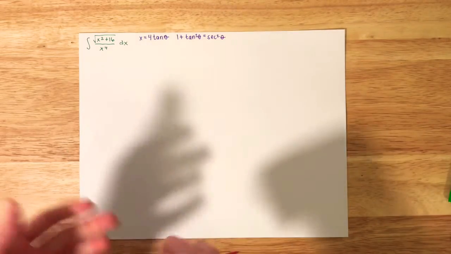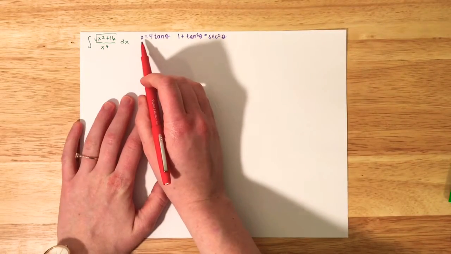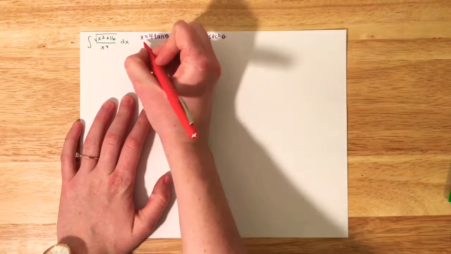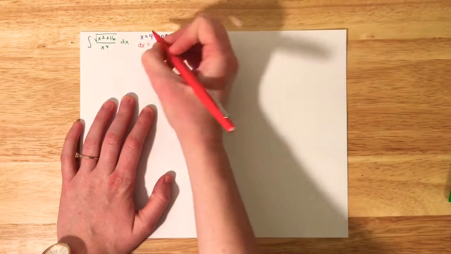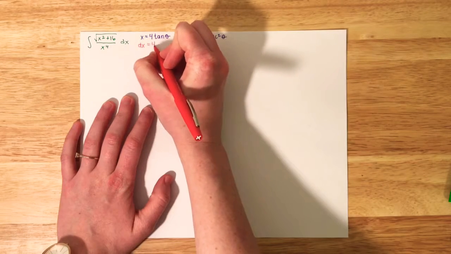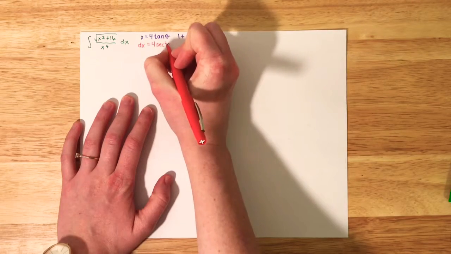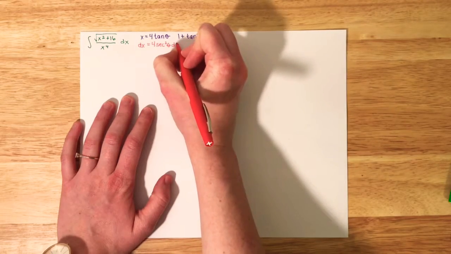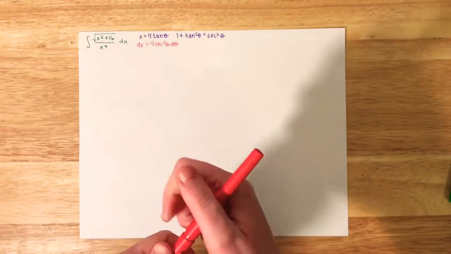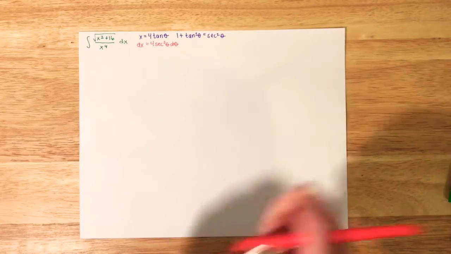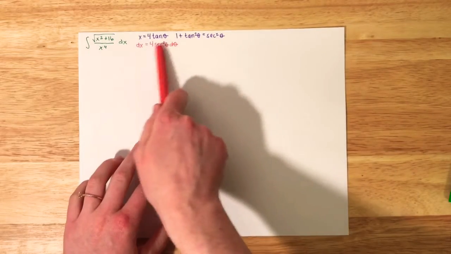We often call this the differential, and what that means is we're just going to take the derivative of our substitution. So we will have dx is equal to 4 secant squared theta d theta. And for those of you who have gone on to Calc 3 and you're coming back to this for a review, this is also the Jacobian.